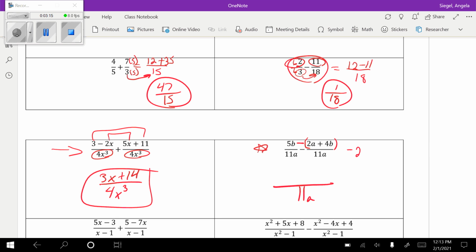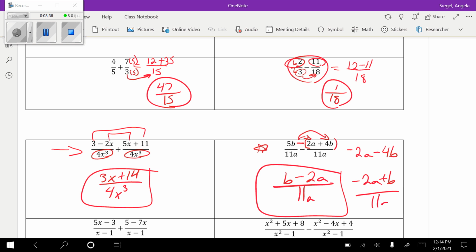So it's going to be minus 2a minus 4b. So you're distributing that negative sign to both things. So 5b minus 4b, that's 1b, and then minus 2a. You could also, if you did it a different way and put the a first, that's totally okay. Either way is just fine.